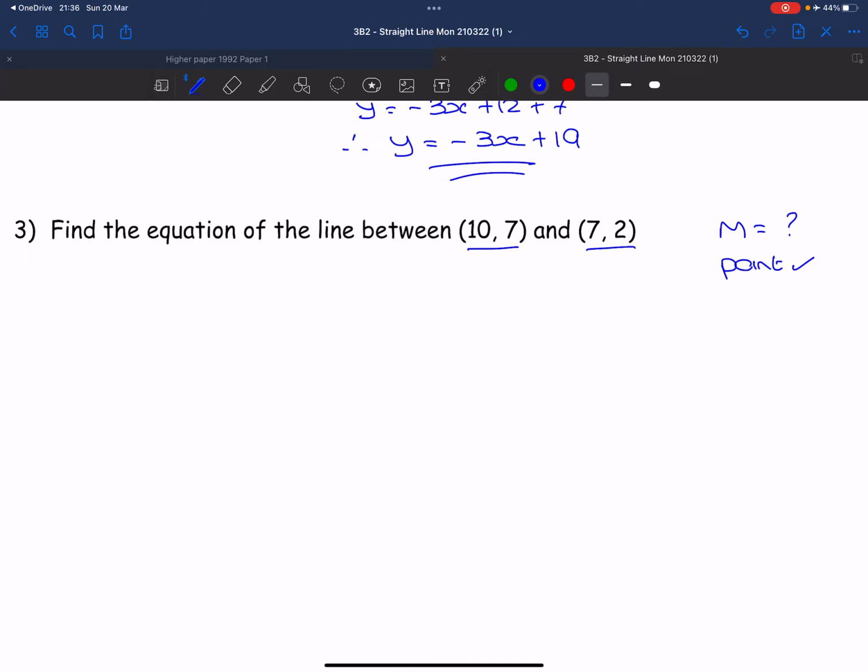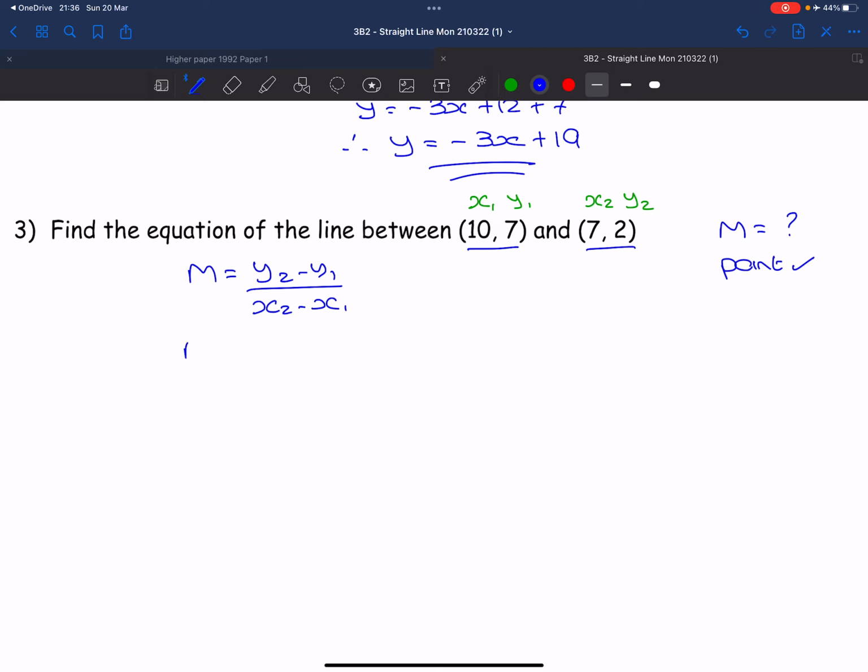And to find the gradient when I have 2 points, all I need to do here is use the formula m is equal to y2 minus y1 over x2 minus x1. So let's label our points here. So I'll say that this is x1, this is y1, this is x2, this is y2. So let's put our values in.